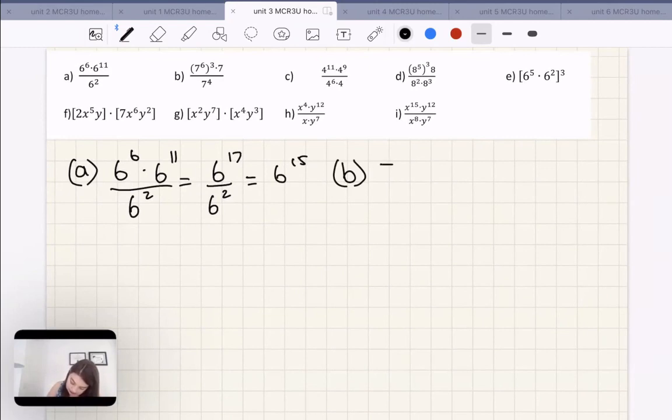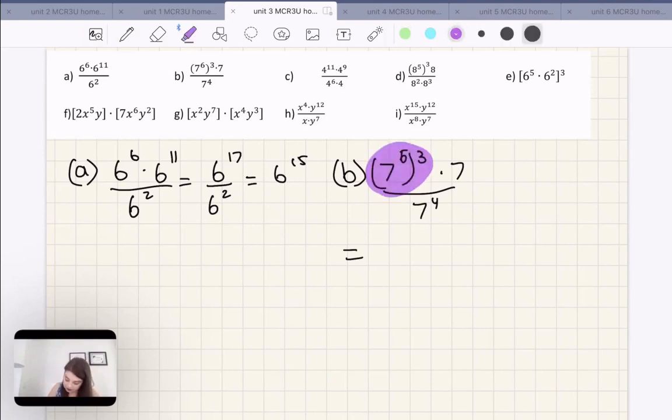B is 7 to the 6 to the 3 times 7 over 7 to the 4. Okay, so first thing I need to do is deal with this, the purple part. And to do that, I'm going to multiply the exponents.